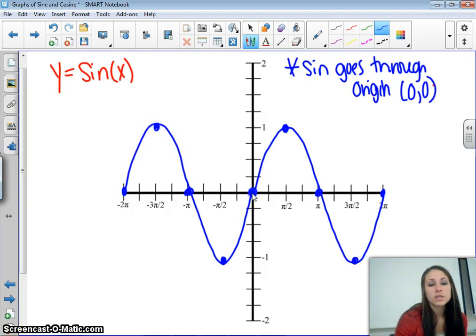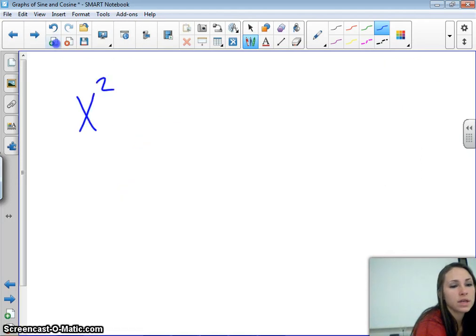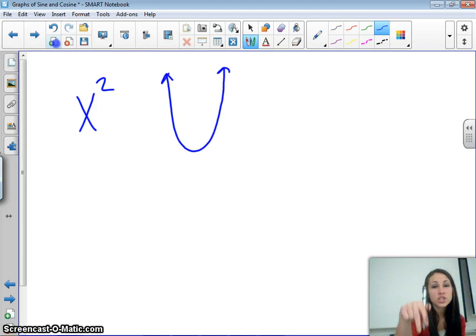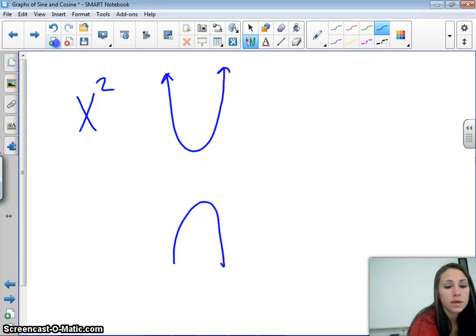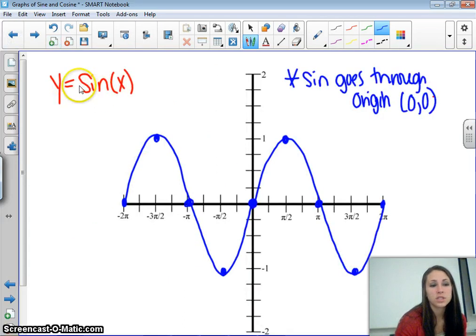It's also always going to go up to a max first unless we flip it. Remember back to Algebra 2 when we had graphs like this. X squared looked like this, but we changed it and made it look like this when we stuck a negative out front. That's the same thing that happens with sine. If we were to stick a negative out front, instead of it going up first and then down, it would go down first, then up.